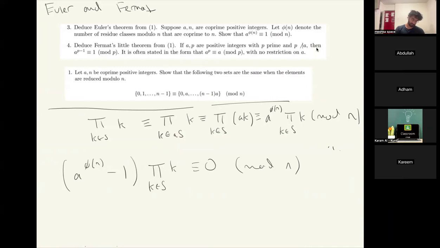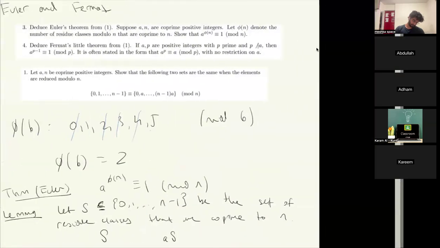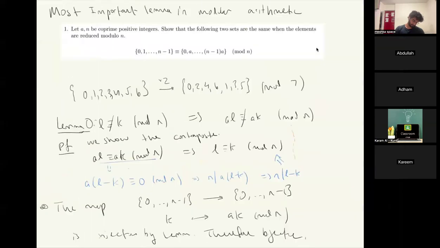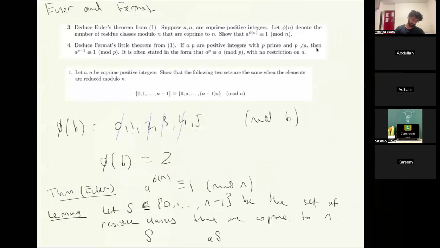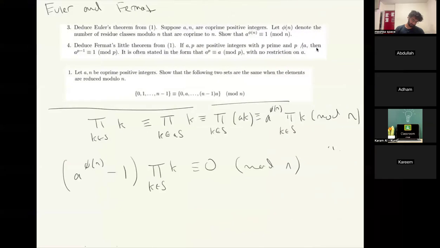So this is important, right? Actually, we are using lemma 0 here. Yes, we are using lemma 0, because the product over k of s of k is coprime to n.